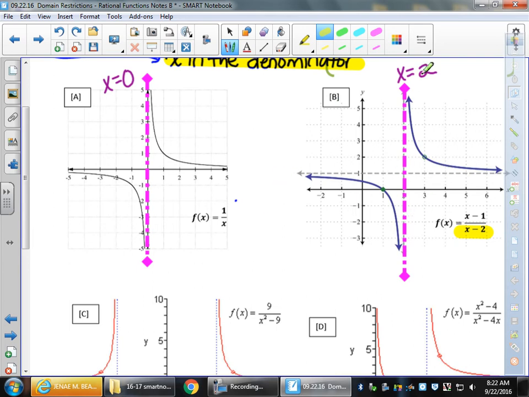Just looking for a connection between the fact that this is the line that it's avoiding, x equals 2, and the denominator. Well, what would happen if we let x be 2? Really think about that. What would happen in the denominator if x was this number?